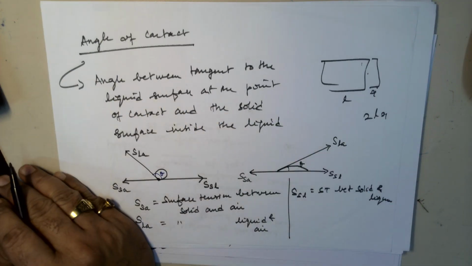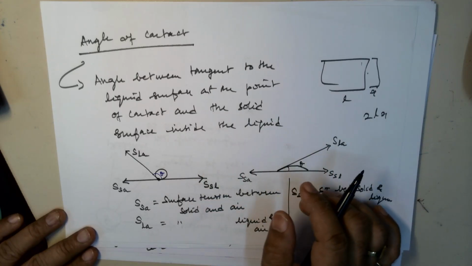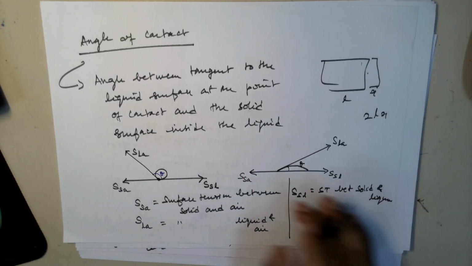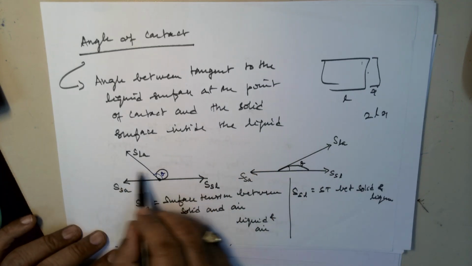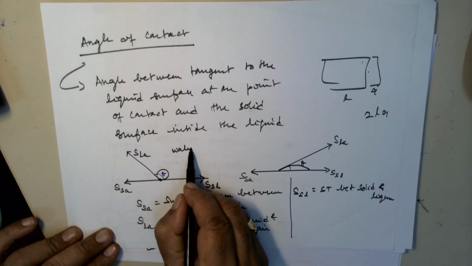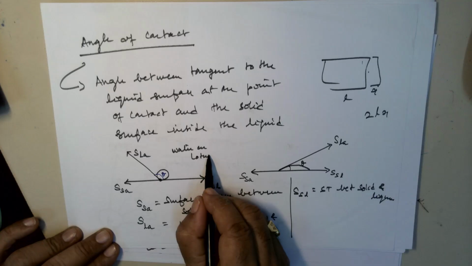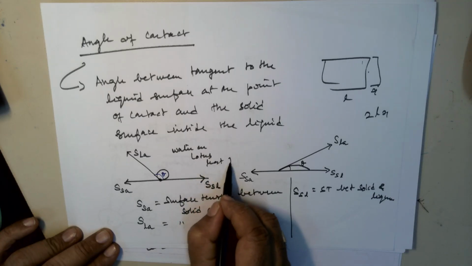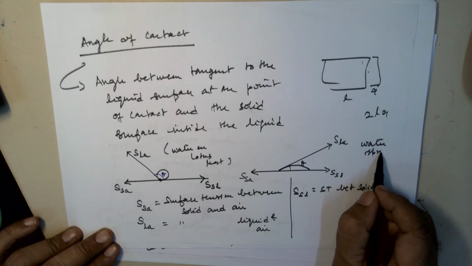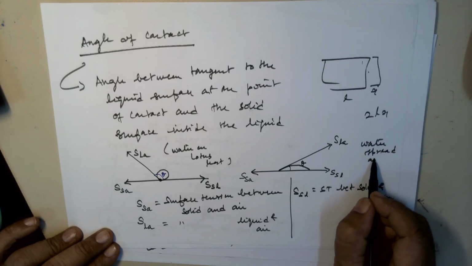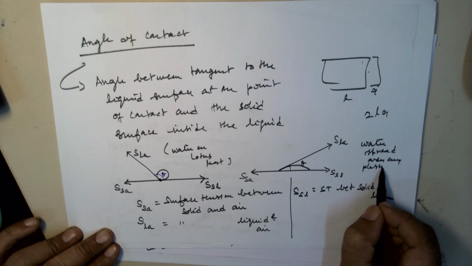So it is more than 90 degrees, while it is less than 90 degrees in this case. So this is the case with any other surface apart from the lotus leaf. Let me say this is water on lotus because it has some micro wax. Whereas here the water spreads over any plastic plate or plastic surface.